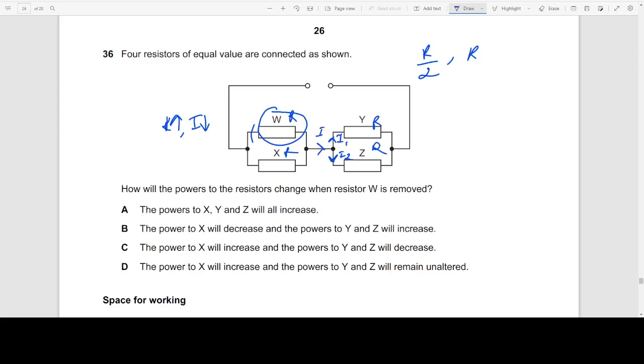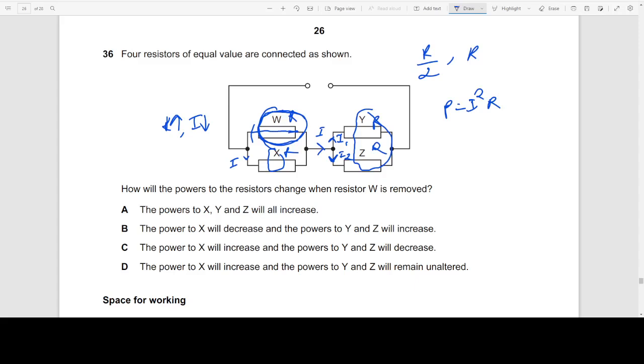So it's kind of self-explanatory that the current in Y and Z will decrease, so the power will decrease because power is I squared R. So both of these will now have less power, and over here even this was getting divided current, but since W is not here anymore, I suppose that this will actually be short circuited because this is a straight line.